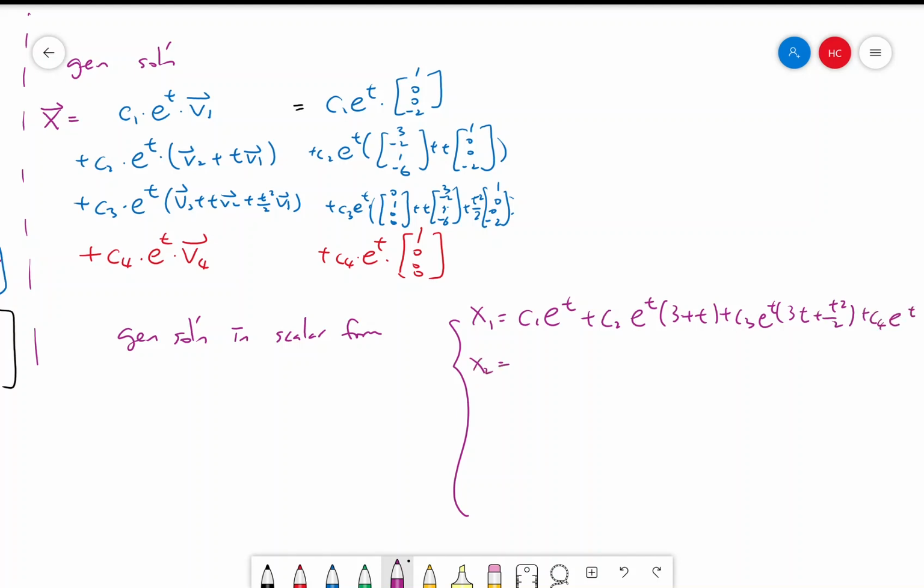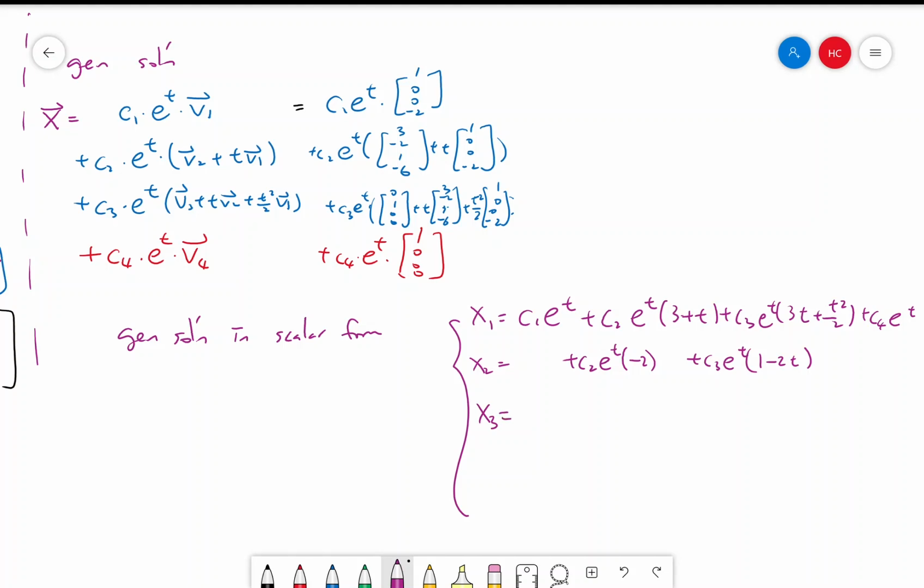And x2 is, there's no c1, and c2 e to the t, negative 2, that's it, plus c3 e to the t, 1 minus 2t, there's no c4.